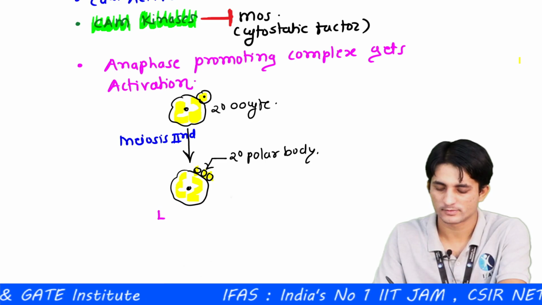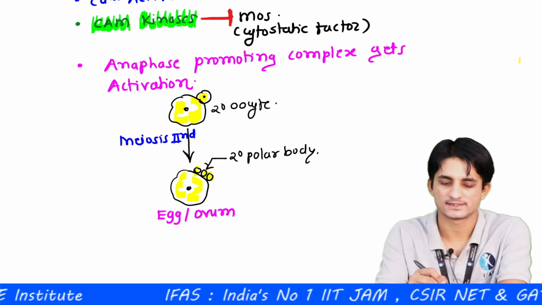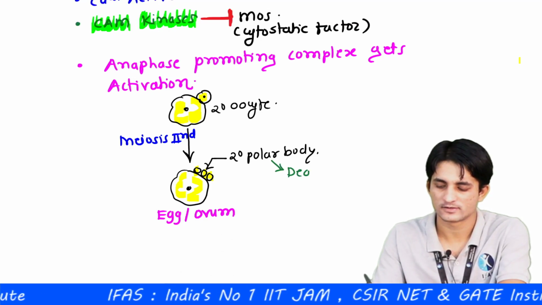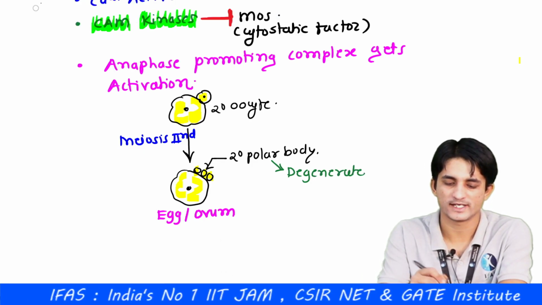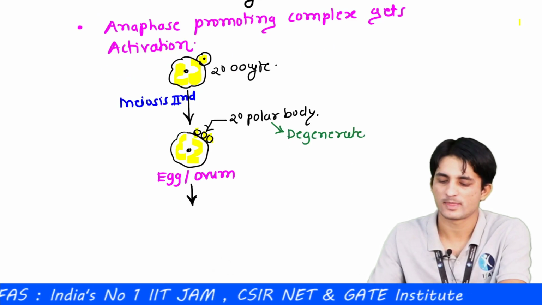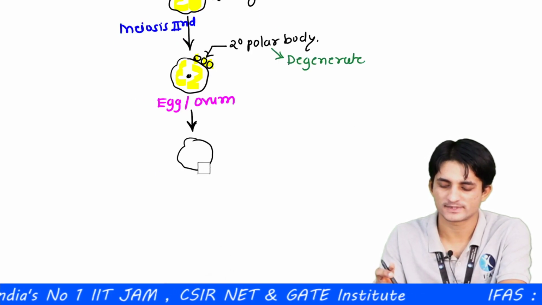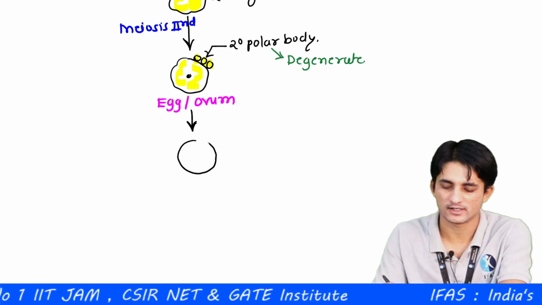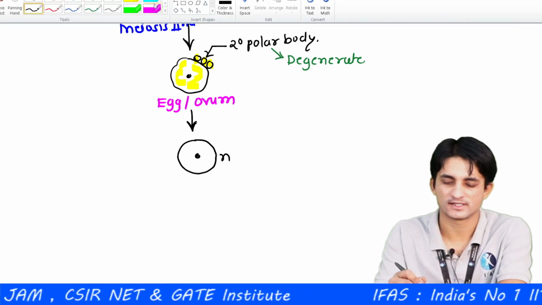These secondary polar bodies degenerate, entering apoptosis, and finally in the female, after 1 oogonium there is formation of a single egg or ovum, which is haploid.